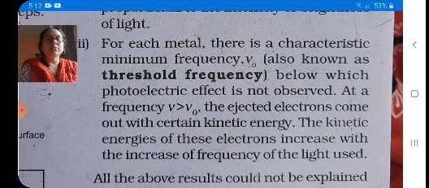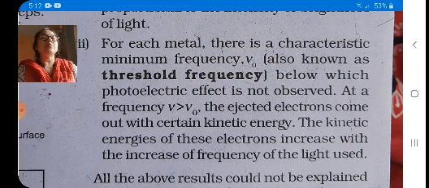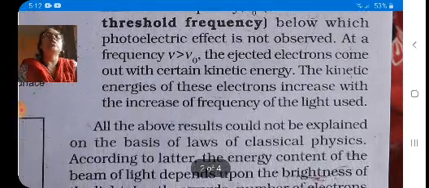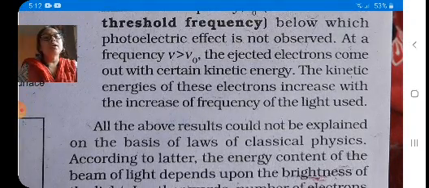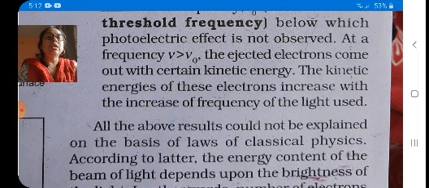Many numerical problems will be based on this minimum frequency or threshold frequency. For each metal there is a characteristic minimum frequency below which photoelectric effect is not observed. At a frequency V greater than V0, the ejected electrons come out with certain kinetic energy.